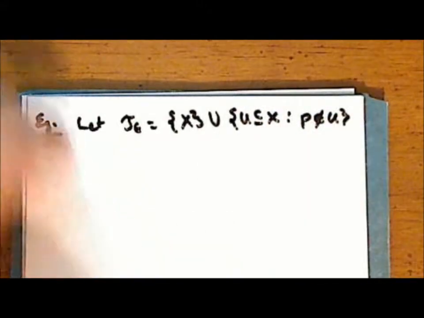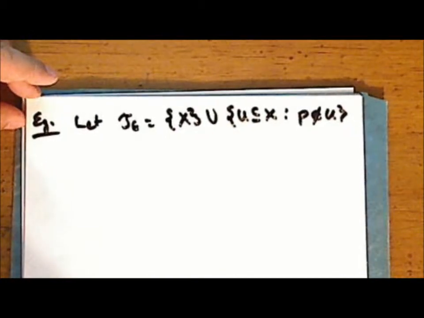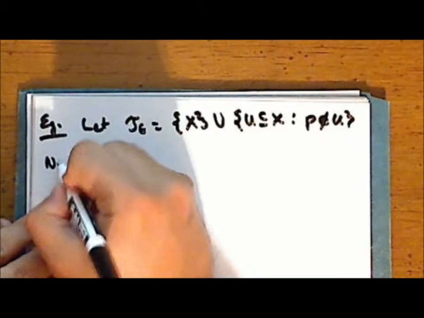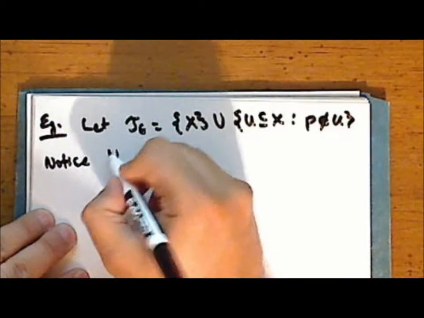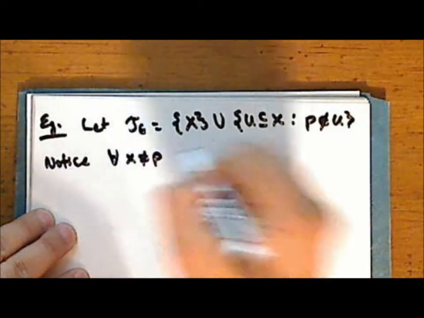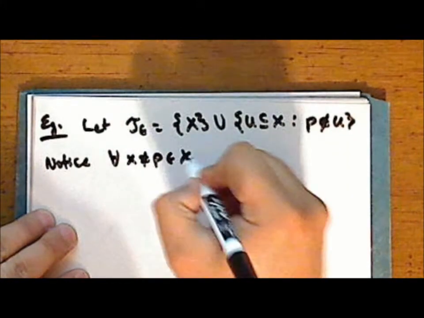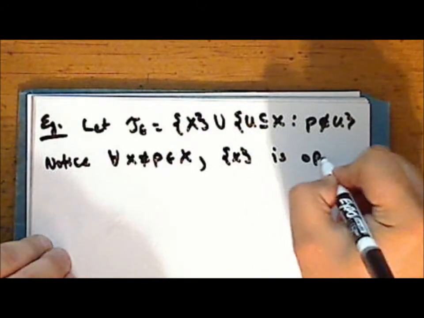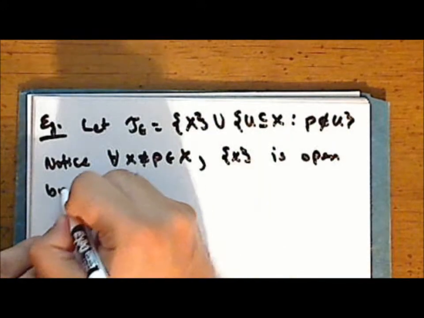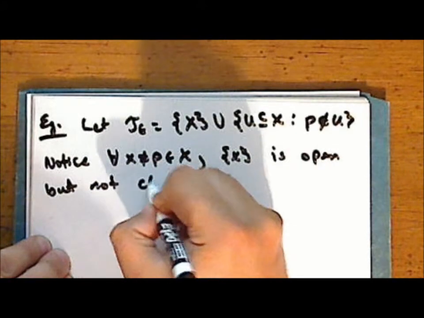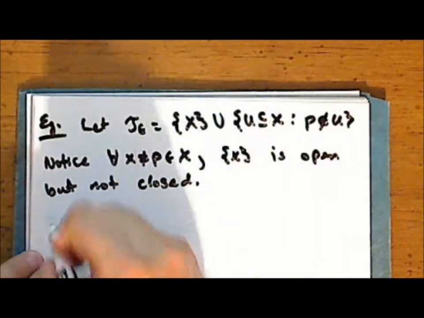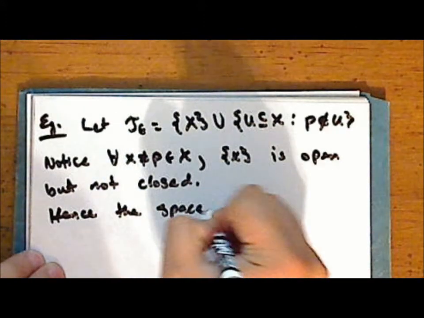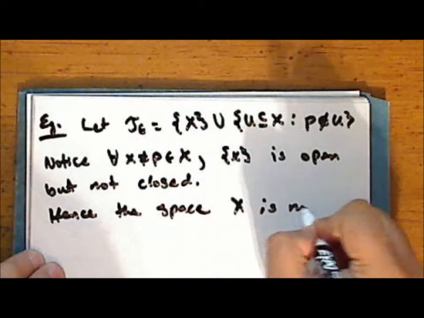And this is the excluded point topology on the set X. So notice that for every point x distinct from the point P in the space, the singleton containing that point is open but not closed, and hence the space X is not T1.